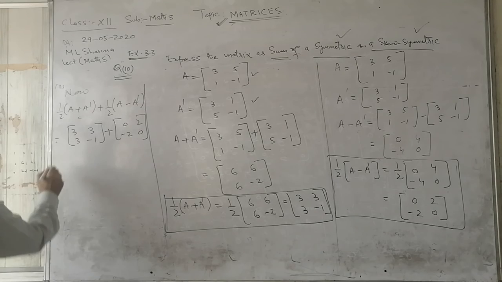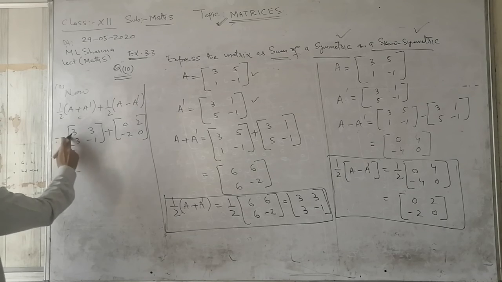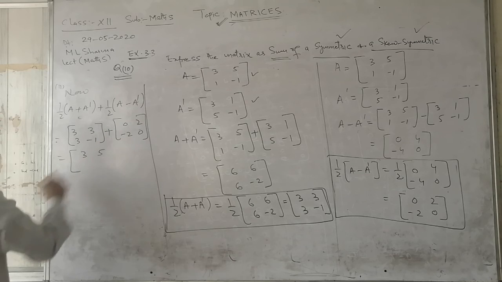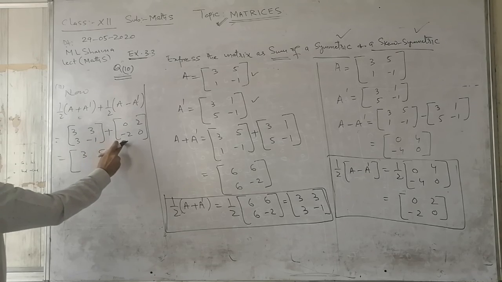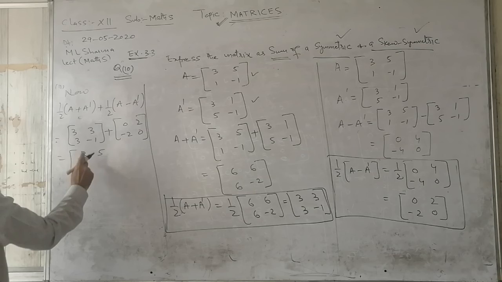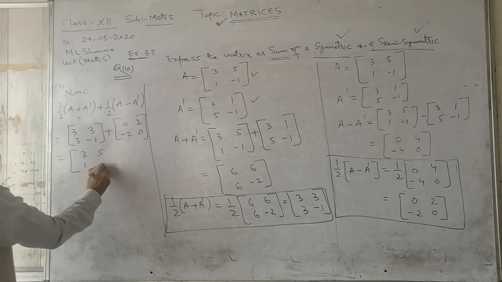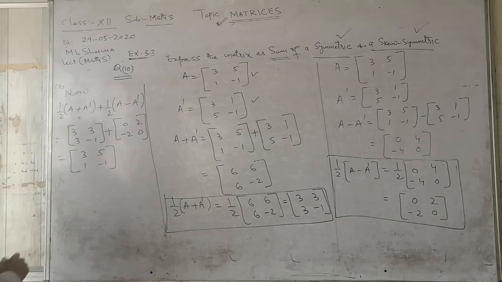If I add these two, 3 plus 0 is 3, 3 plus 2 is 5, 3 minus 2 is 1, and minus 1 plus 0 is minus 1.